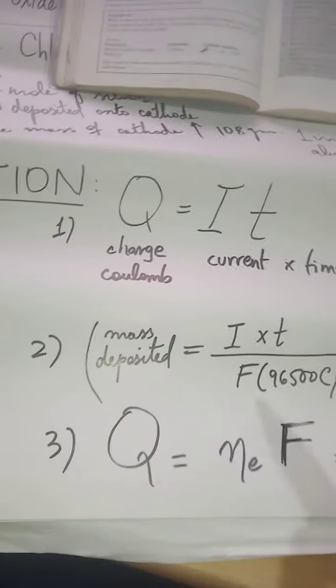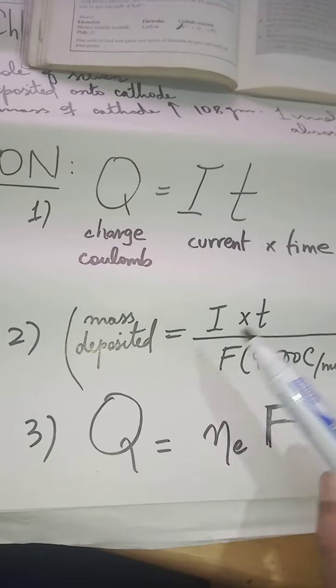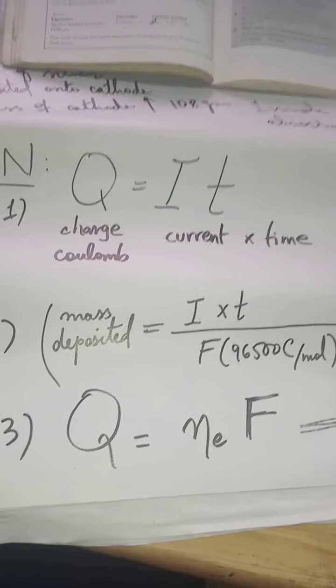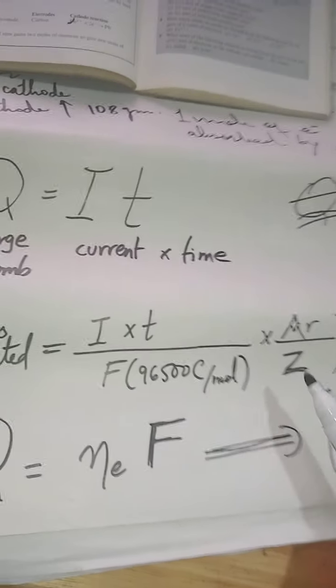So Q equals IT, and then mass deposited is Q over F times AR, the atomic mass, over the valency.